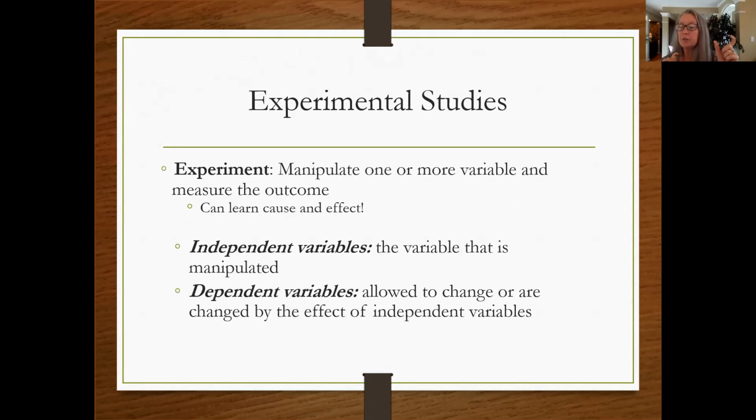Reading psychology of learning material causes a person to learn the material better than if they saw it on a video. You can see that the first thing that we're talking about is going to be your independent variable. And the second thing, blank causes blank. The first thing is your independent variable. The second thing is your dependent variable.